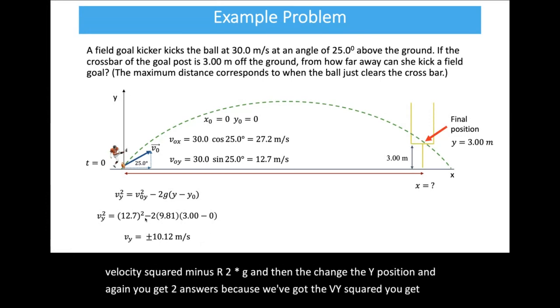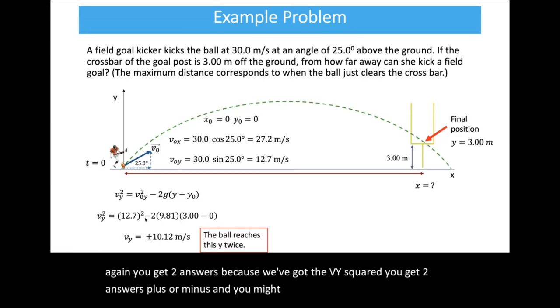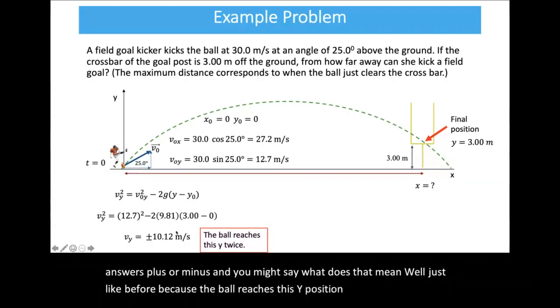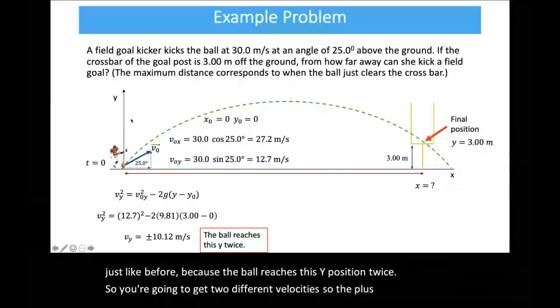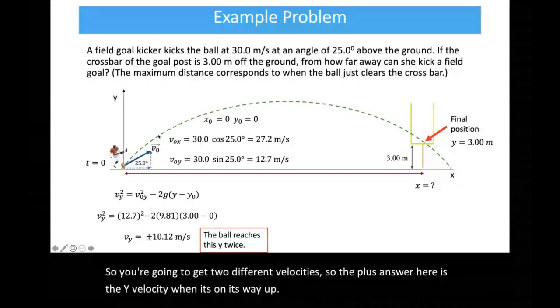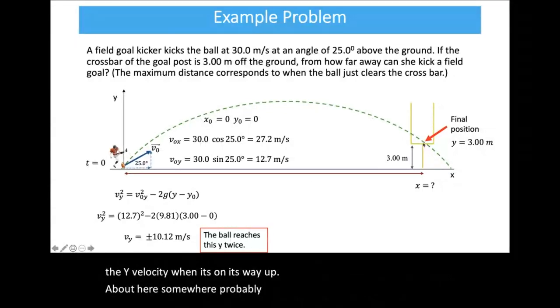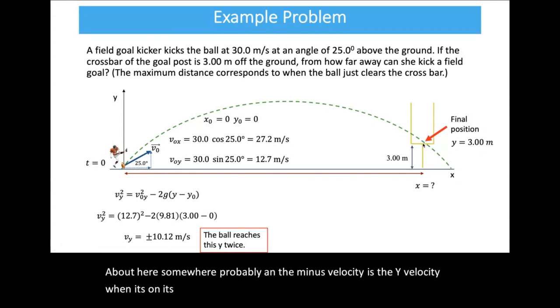And you might say, what does that mean? Well, just like before, because the ball reaches this y position twice, you're going to get 2 different velocities. So the plus answer here is the y velocity when it's on its way up, about here somewhere probably, and the minus velocity is the y velocity when it's on its way down.